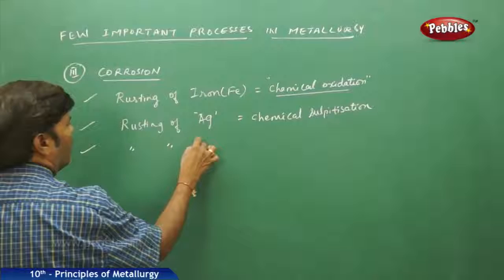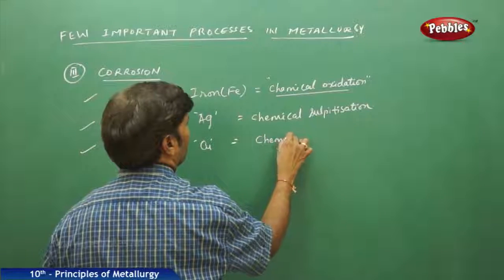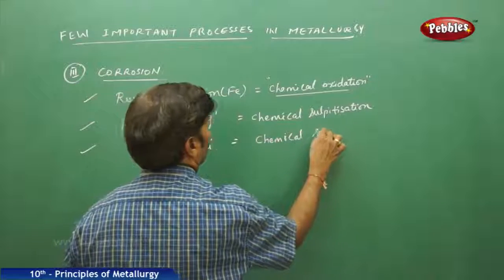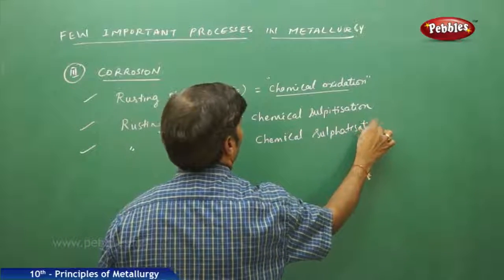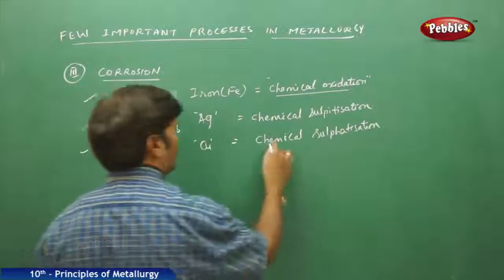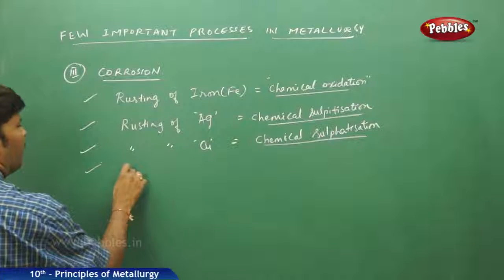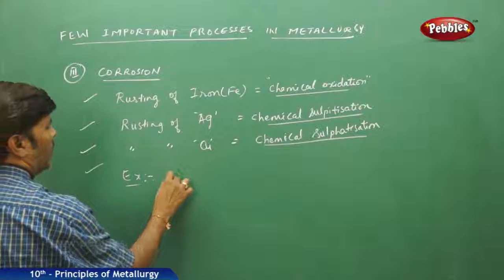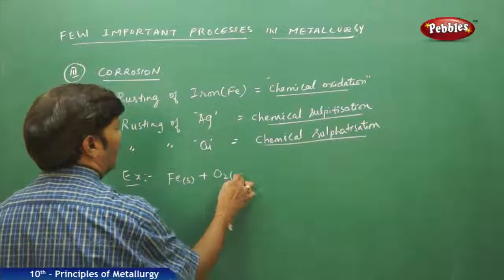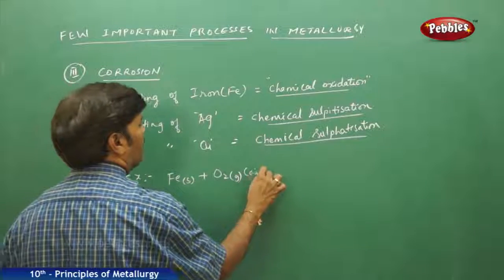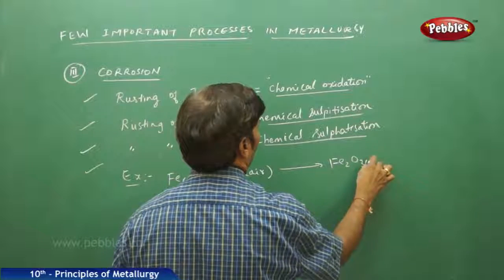Similarly, rusting of copper is also chemical sulfatization. Example, if you take iron solid, when exposed to oxygen, that is air, it forms iron oxide solid.